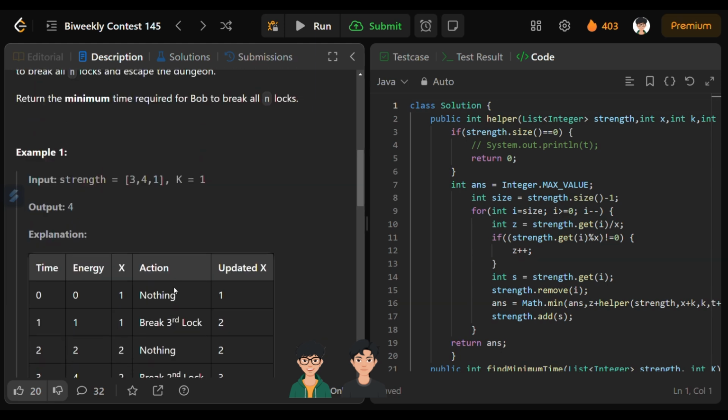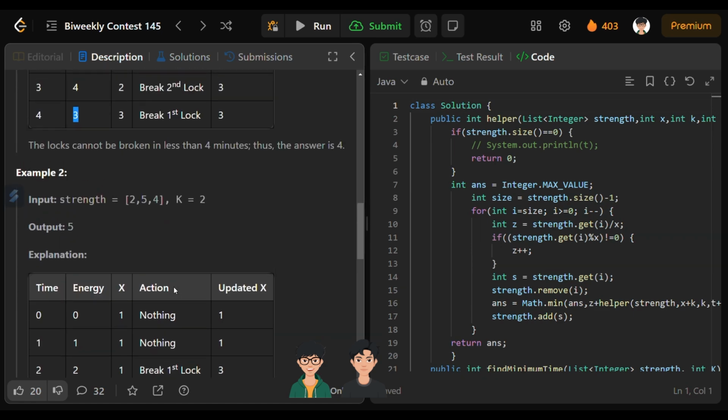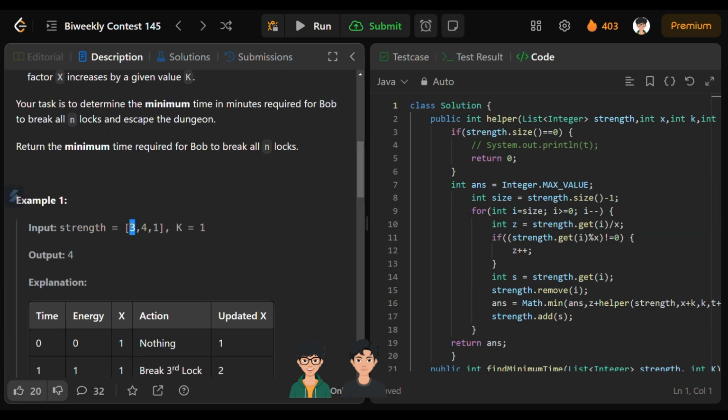Okay, so Ishan, we can do a recursion now. By seeing the constraints, we can just apply recursion here. We can take the first element, then go towards other indexes, or if we don't take the first element, go towards other indexes.